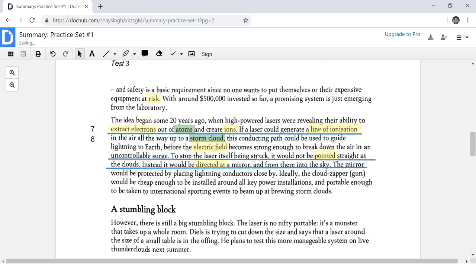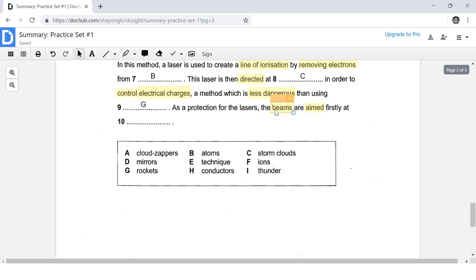So here we go. The sentence says, to stop the laser itself being struck, it would not be pointed straight at the clouds. Okay, so it would not be aimed directly at the clouds. Instead, it would be directed at a mirror and from there into the sky. So where would it first be aimed at or directed at?